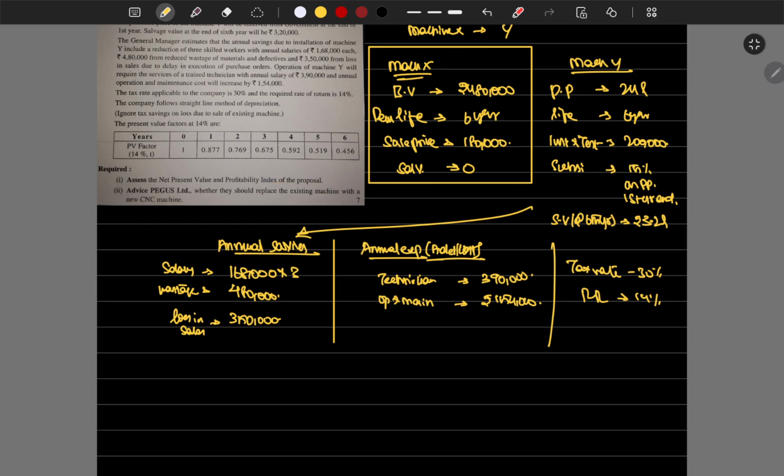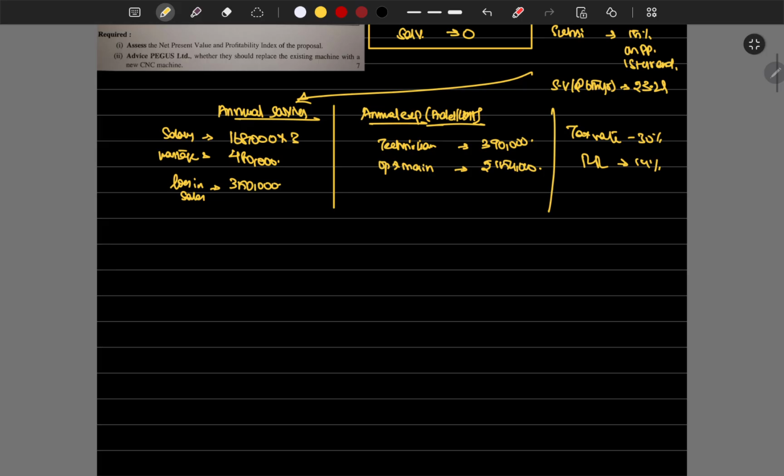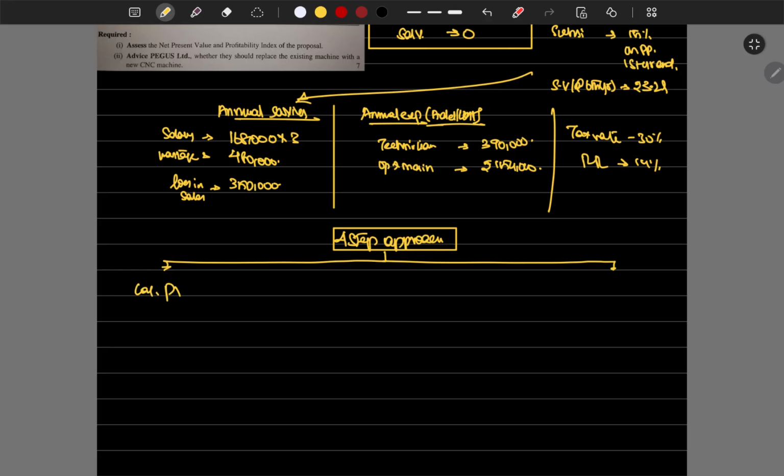Right. Okay, how is the structure going to be? It's a 4-step approach we have to follow when we see this kind of question. It takes us to the answer. Calculate the present value of net initial cash outflows.